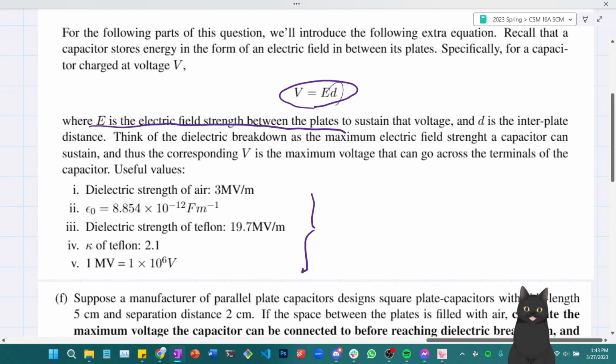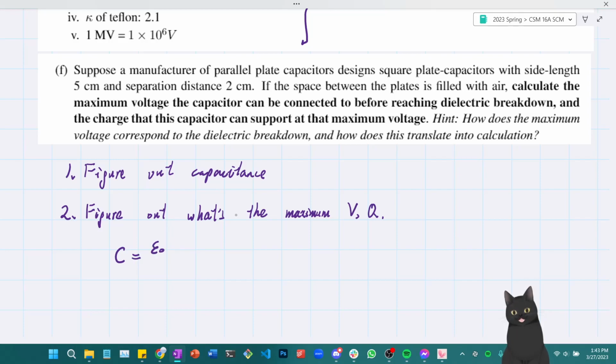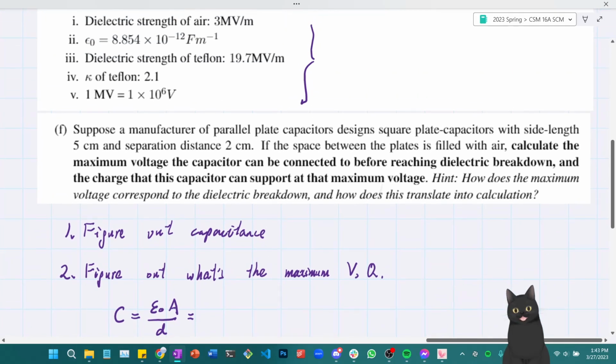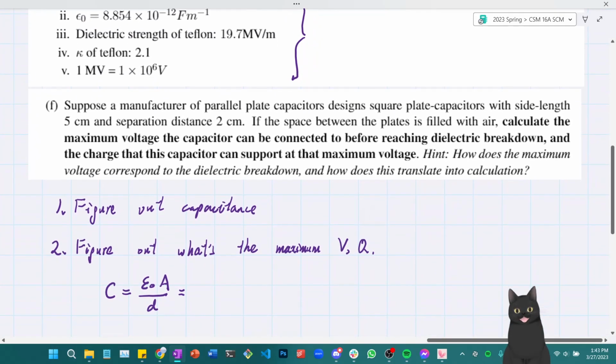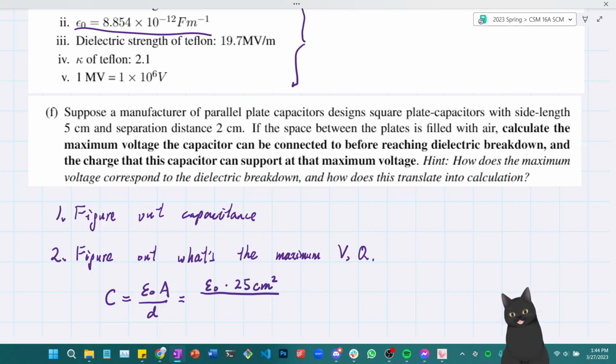So first of all, I am going to figure out a formula for the capacitance of the capacitor. In this case, my capacitance is equal to, once again, epsilon A over D. And my epsilon naught, since I'm putting air between the conductor plates, is the constant I have here. The area is equal to 25 centimeters squared, and the distance between the plates is 2 centimeters.